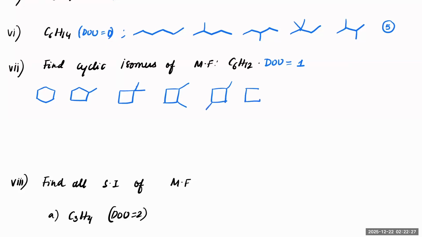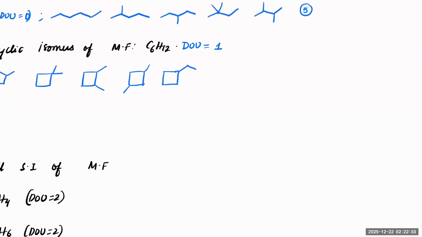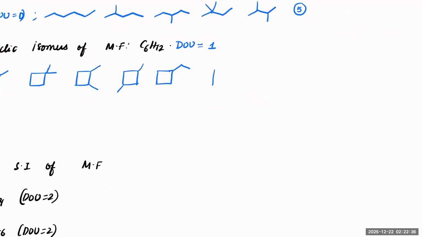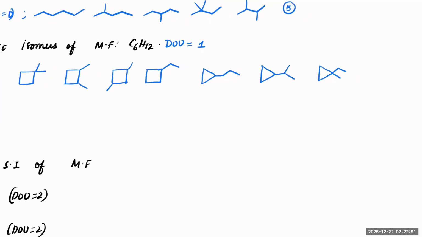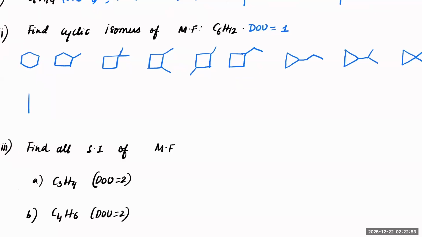Along with that, one ethyl group, we can keep it like this. With respect to cyclobutane, these four you can get. And then we have cyclopentane, we can have one like this. Next one, isopropyl like this. And after that, I can have one ethyl, one methyl, and change their location also.